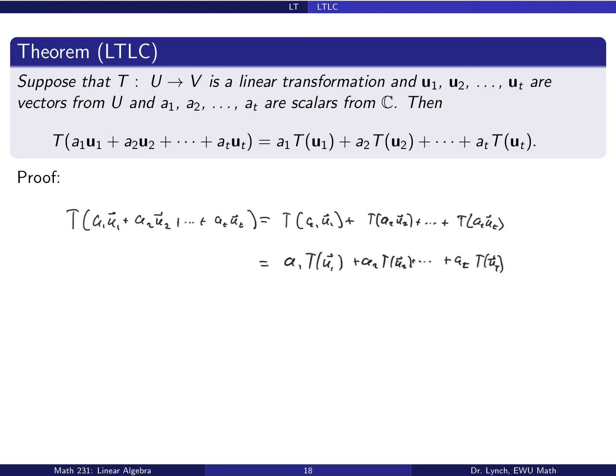Since T is a linear transformation, first we know that the image of a sum is the sum of the images. Moreover, we know that the image of a scalar multiple is a scalar multiple of the image, and we see that the image of a linear combination in general is the linear combination of the images.